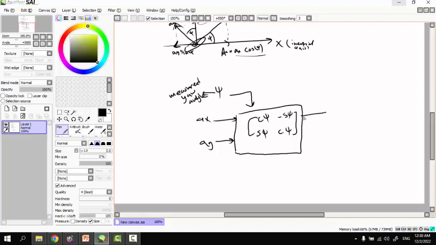And we have here ax and ay in the inertial frame. We call these inertial frame accelerations.